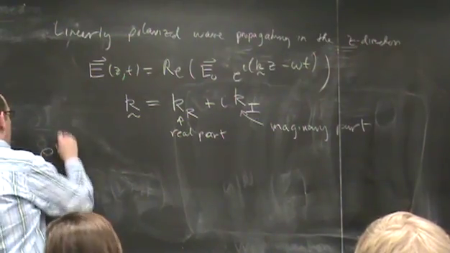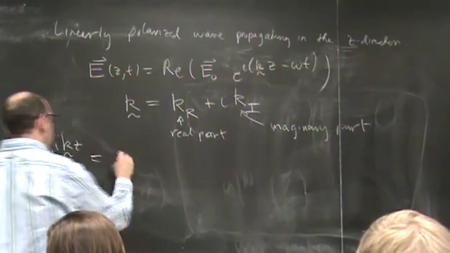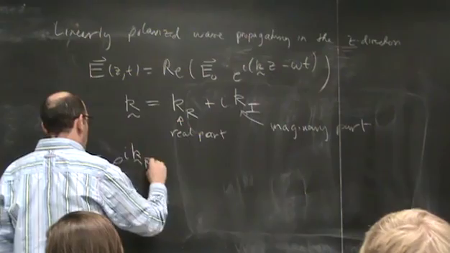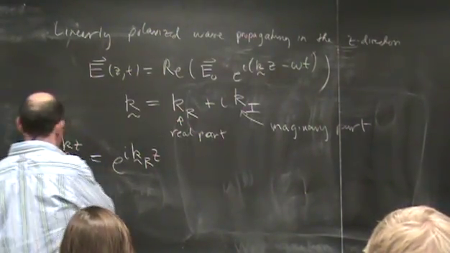So e to the i k tilde z is e to the i times the real part, and then i times i is minus 1.